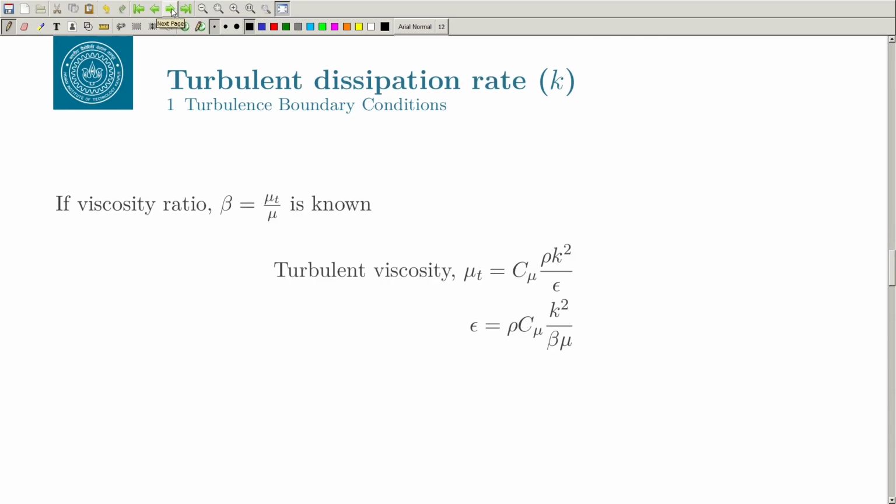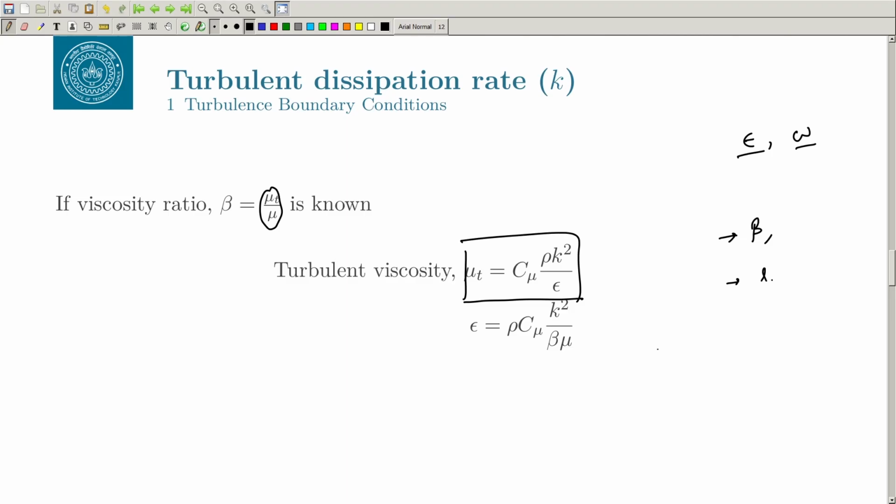Okay. Now, we need to find the other quantity, which is the dissipation rate or the specific dissipation rate. Let us say your mu t by mu is known. As I told you, you need to give either this viscosity ratio beta or you need to provide another piece of information, which is the length scale L. So, if the viscosity ratio is known, this is the definition of the viscosity in the K epsilon model.